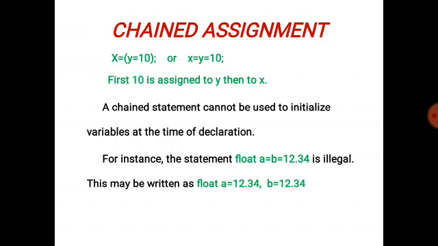A chained statement cannot be used to initialize variables at the time of declaration. Here, for instance, the statement float a = b = 12.34 is illegal. This may be written as float a = 12.34 and b = 12.34. This is called chained assignment.